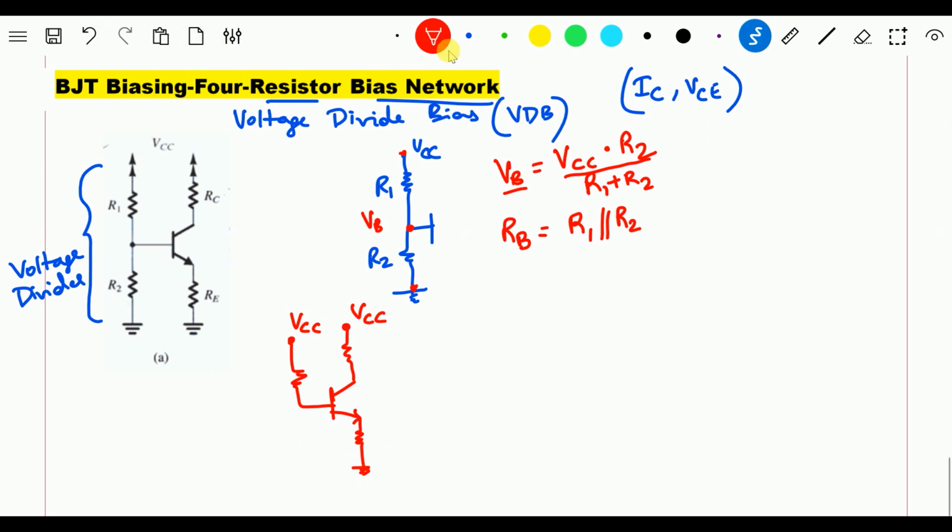In this circuit, RB is equal to R1 parallel with R2. This is your RE and this is RC. So we can also write the equations in terms of it. The current flowing through this is my IB, and this is IC.